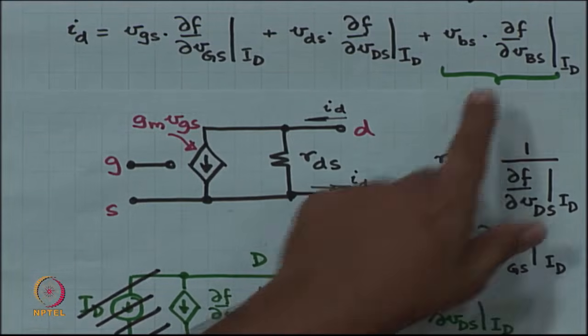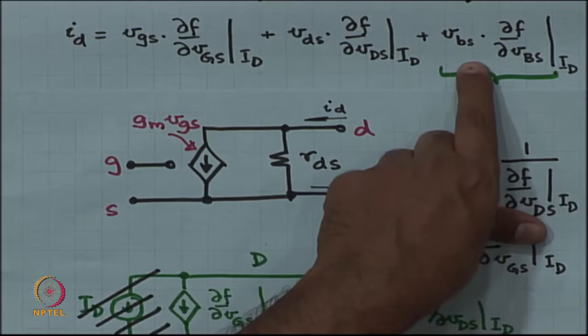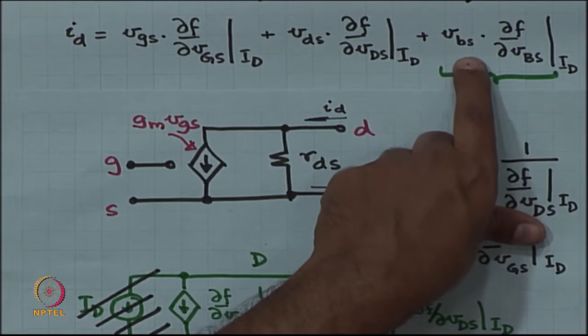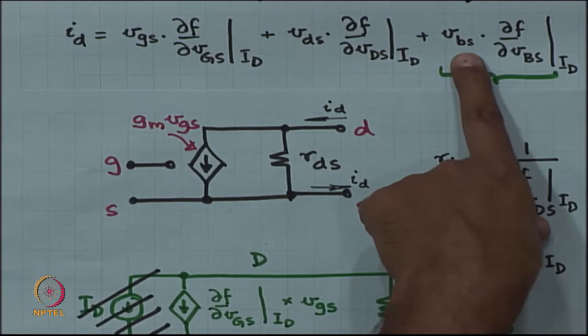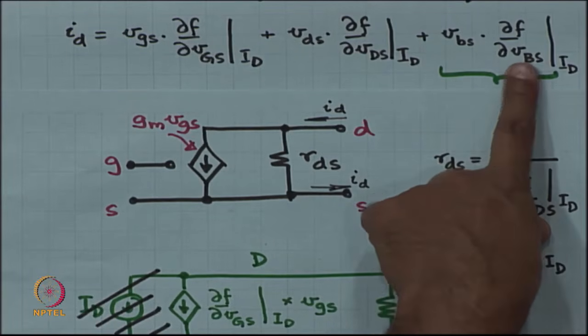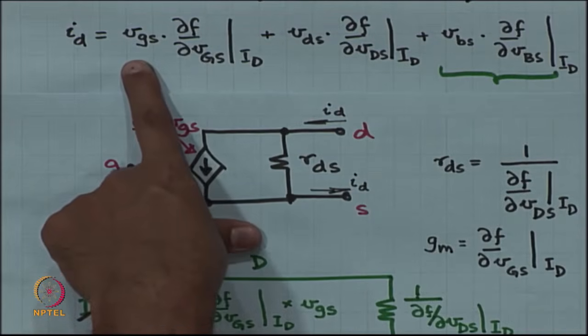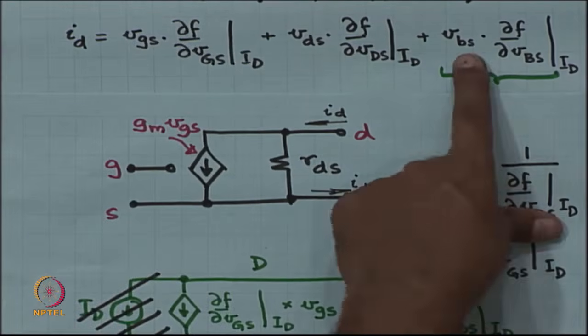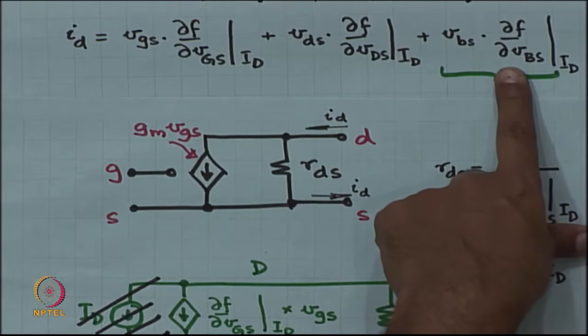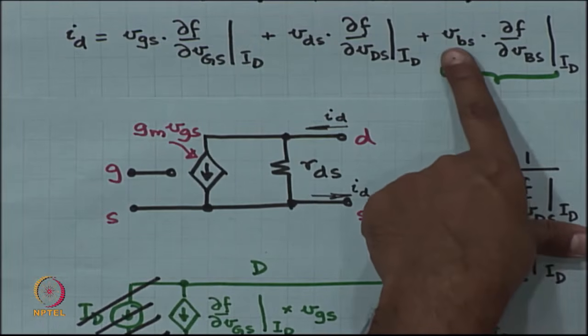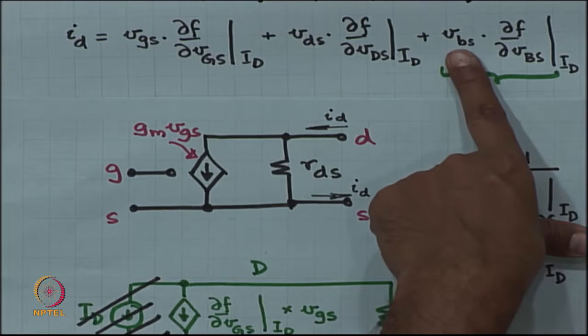And now, an additional component is going to come, and what is that going to be? Is it going to be a resistor? No, because this is going to be exactly like the first term. So, the third term will look similar to the first term. This is a controlled current source, where the controlling parameter is Vbs.